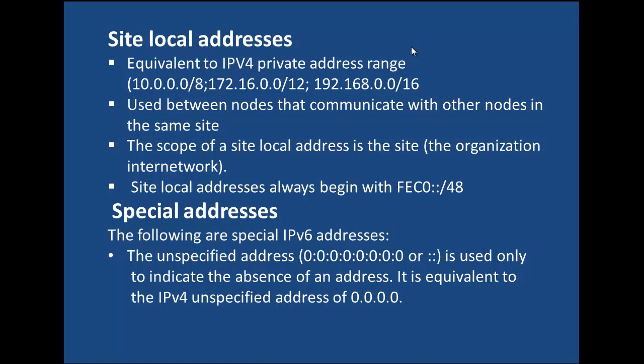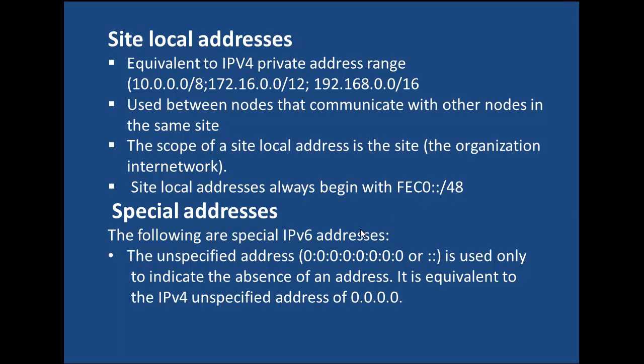You might have a number of networks that would make up your site. A site local address will be used to communicate with other nodes within the same site. The format prefix for the site local address is FEC0::/48.